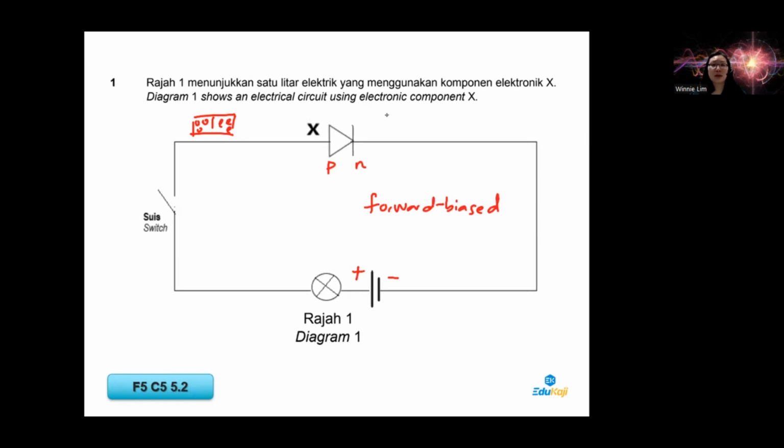So how does it work? When this PN junction of material, I draw it a bit bigger, is joined, they will by right produce a region we call the depletion region in the middle, whereby some of the electrons from N-type will cross over.